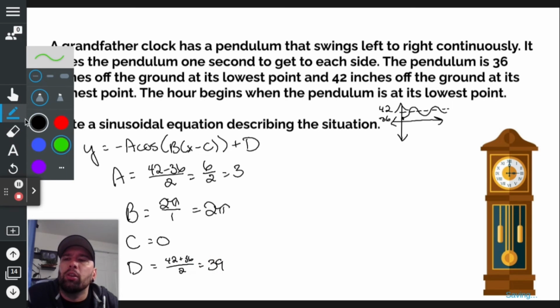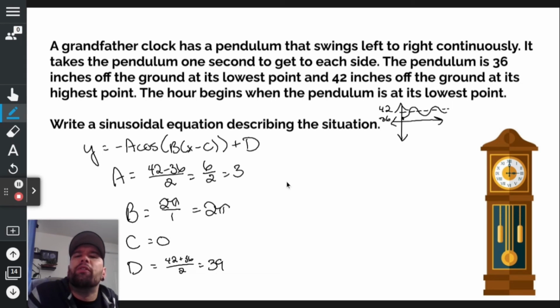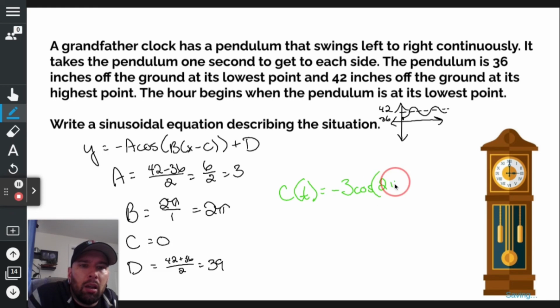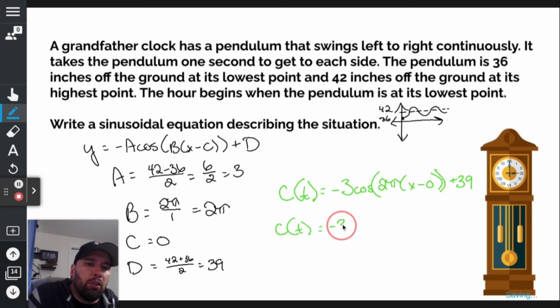So the equation that I'll use, and let's do C of t for clock: C of t equals negative 3 cosine of 2 pi times (x minus 0), so let's clean this up. C of t equals negative 3 cos(2 pi x) plus 39.